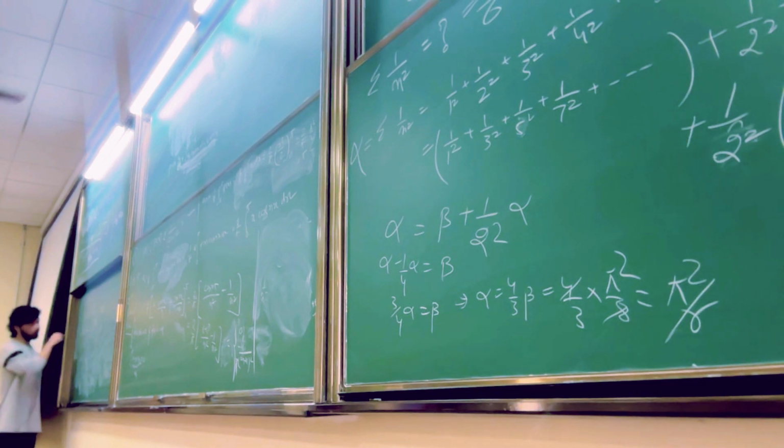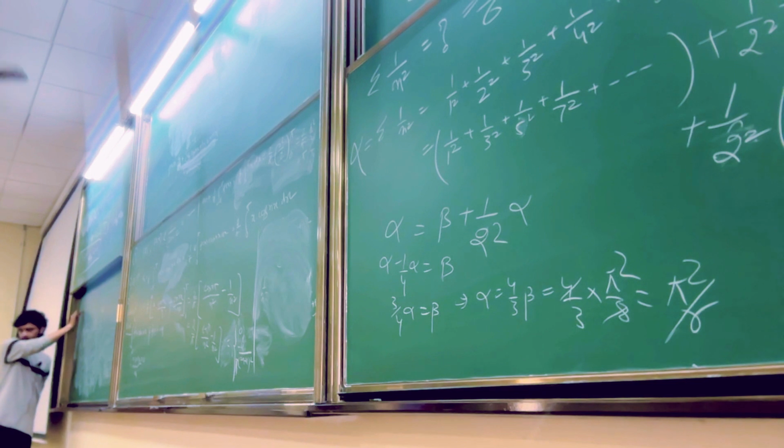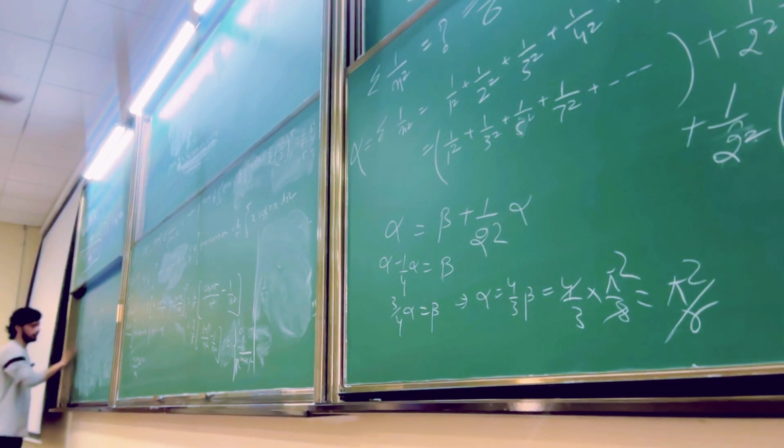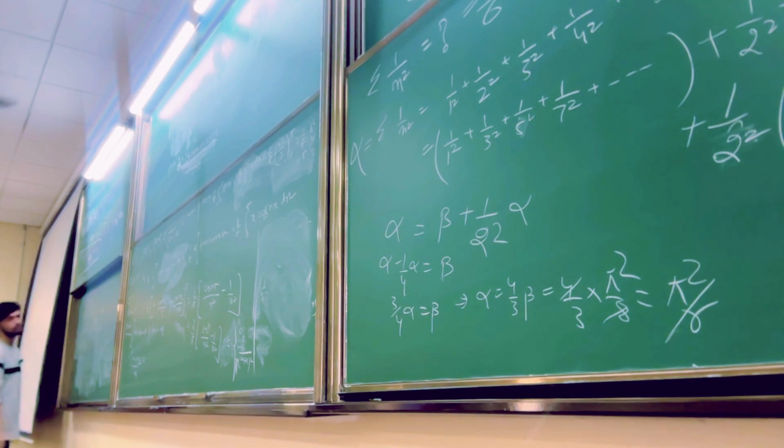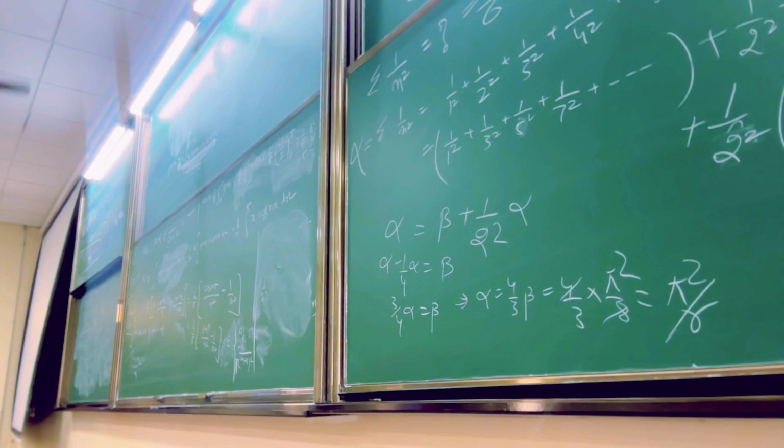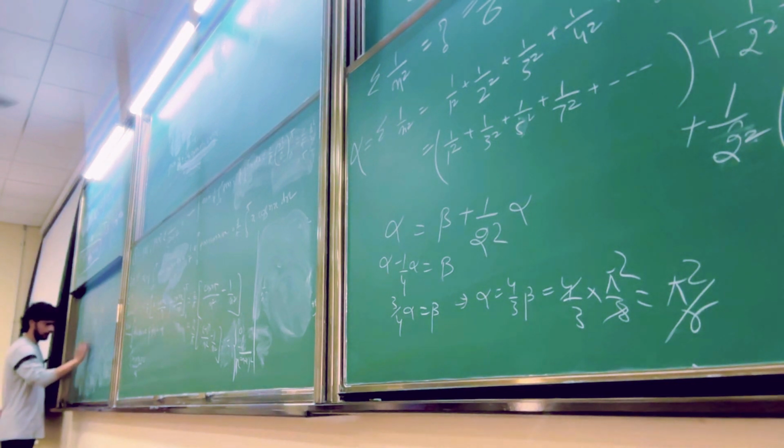Okay. So x can be written, as there is only discontinuity, we can write f(x) equal to a0 plus summation of bn sin nx.